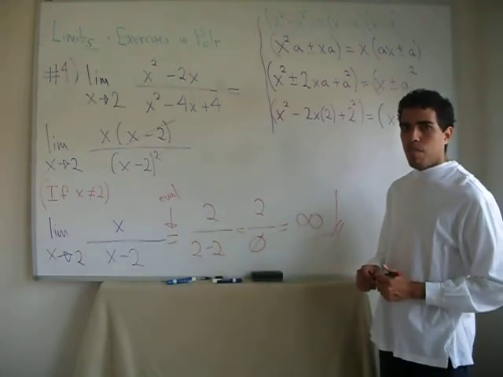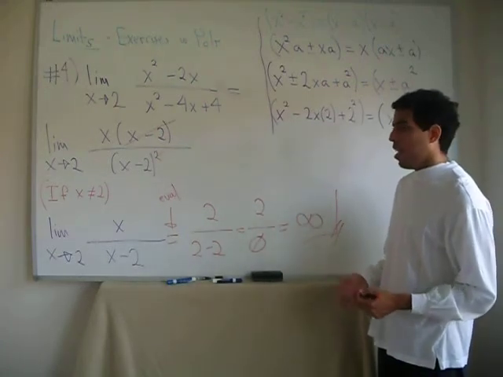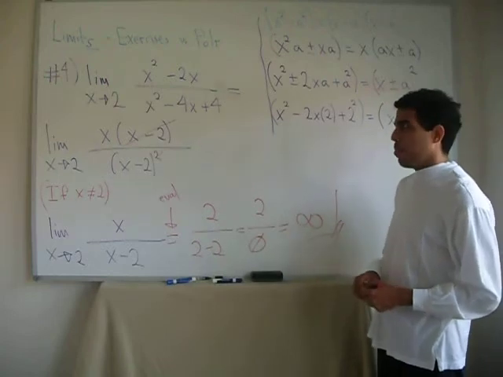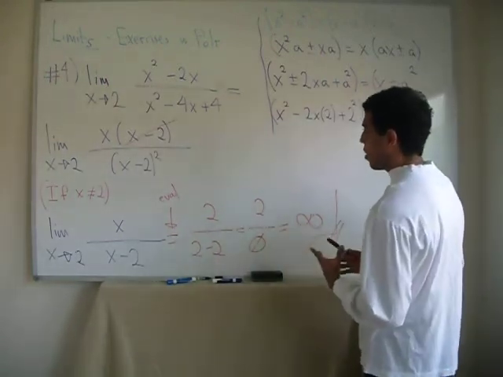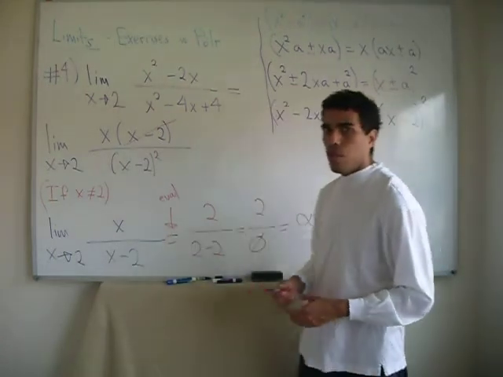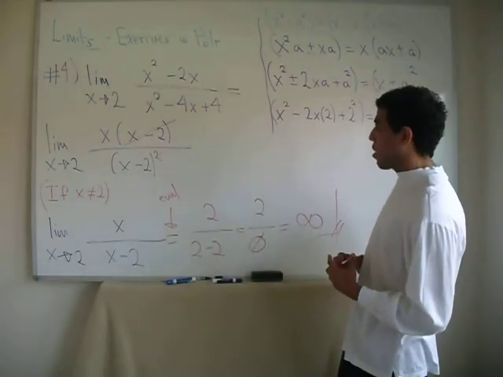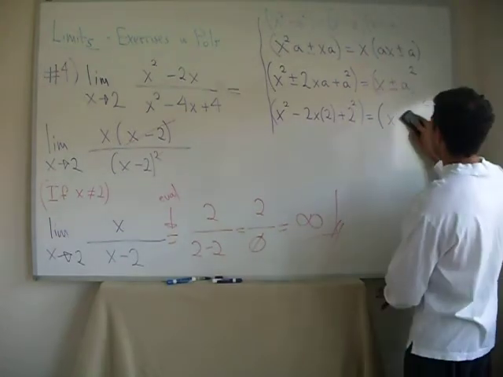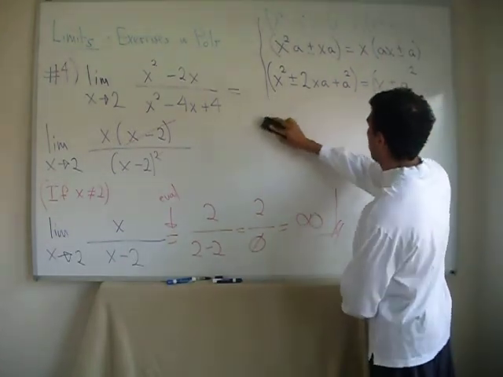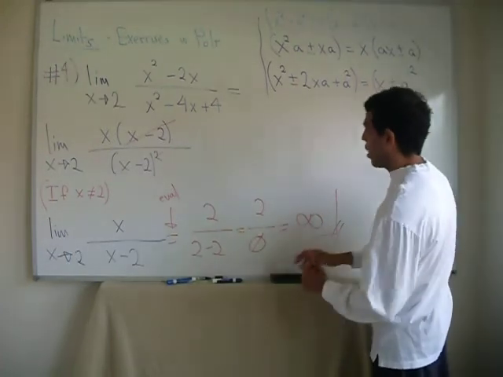Okay? Infinite, well, it's not a number per se, but it is an answer to the limit. Again, if I were to graph the function, when x gets close to 2, the function gets close to infinite, okay? And we can even do that. Well, I'm going to have to erase this. And I can do it right here real quick, okay?